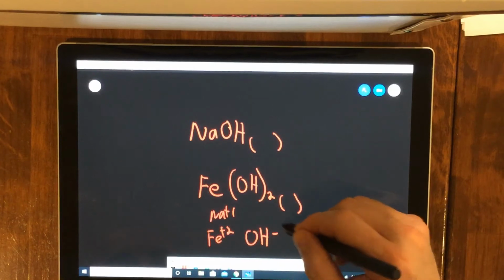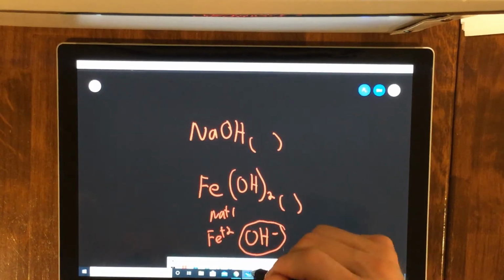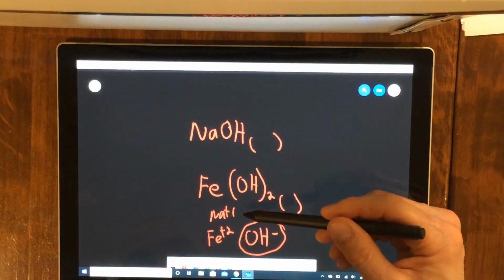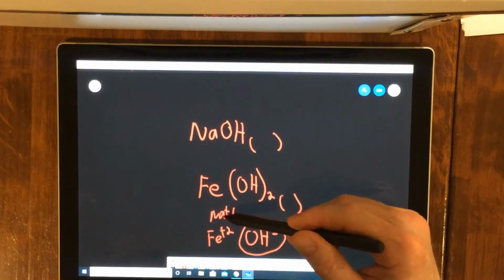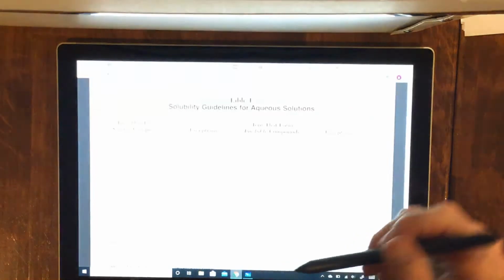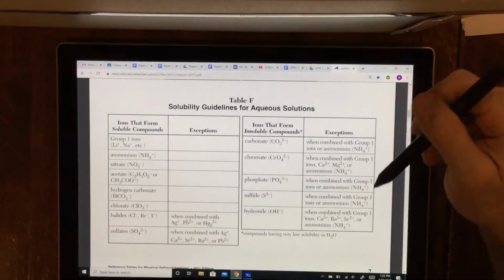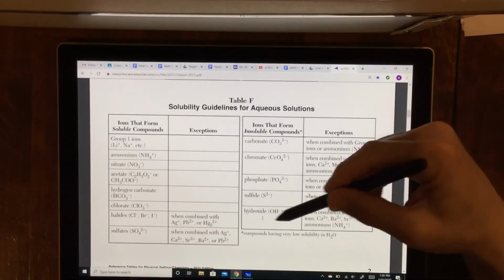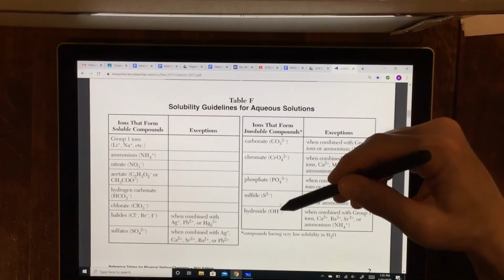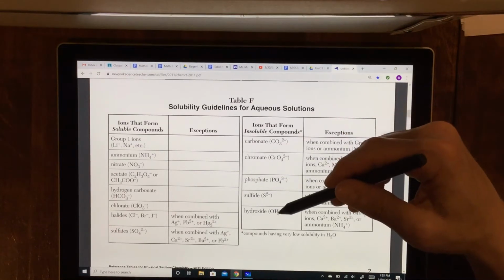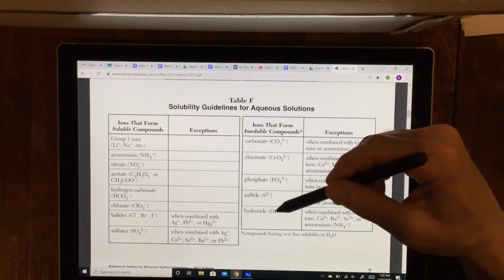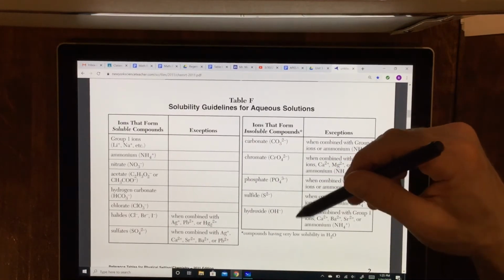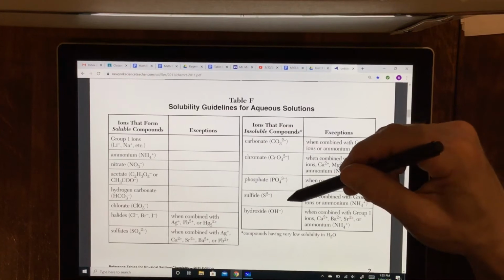So we're going to look up OH minus on table F, and then we're going to look to see, first of all, is it a soluble or insoluble ion, and then are there exceptions? So OH minus is right here under insoluble. That means typically you would label a compound with OH, little s, meaning solid, precipitate, it's insoluble.